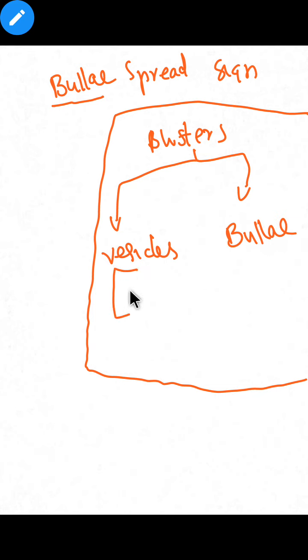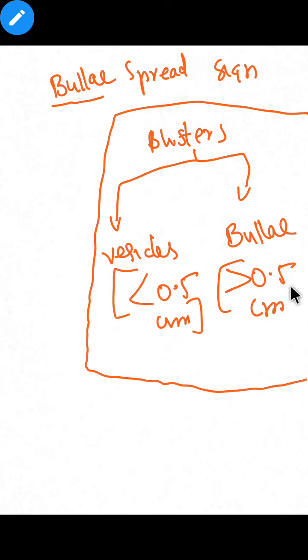Vesicles have the size less than 0.5 centimeters, whereas Bullae, the size is greater than 0.5 centimeters. Okay, this is about blisters.